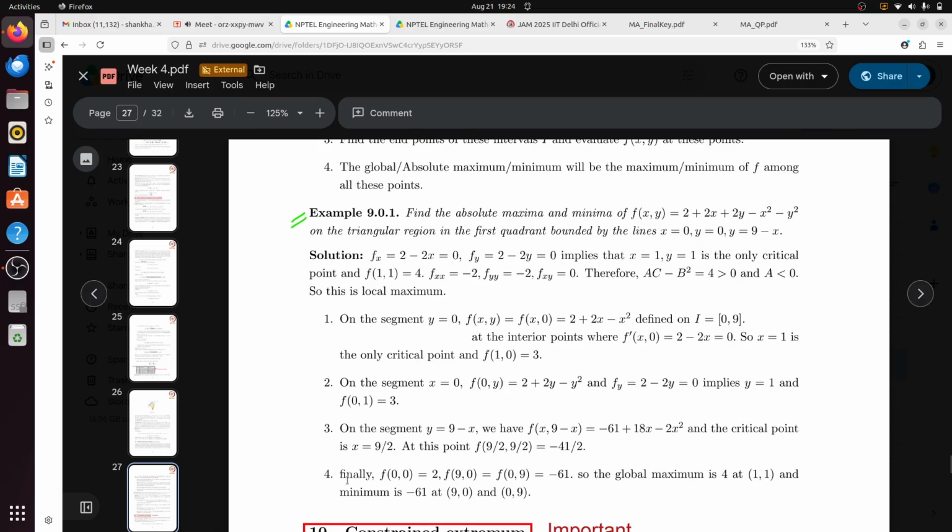So you take the different critical points 0 comma 0, 9 comma 0, 0 comma 9, and if you evaluate them you will get minus 61. And you get that the global maximum is achieved at the point 1 comma 1, that is in the interior, and the minimum is minus 61, which is achieved at the point 0 comma 9 and 9 comma 0.